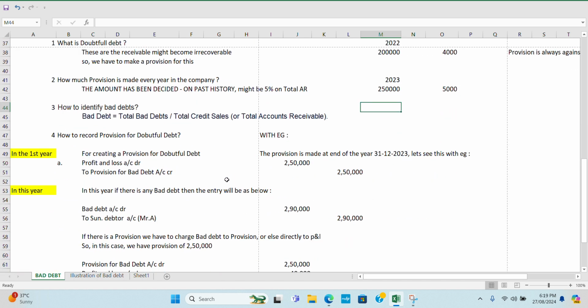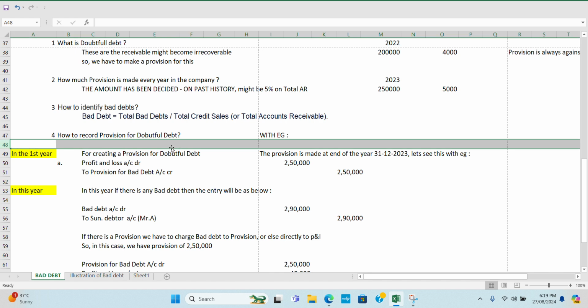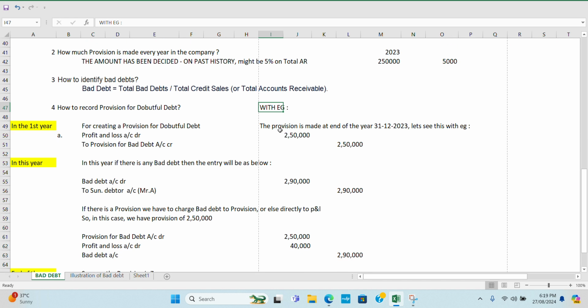Now let's see how to record a provision for doubtful debt, with an example. The provision is made at the end of the year 2023. For the year 2023, we have made a provision of 250,000.